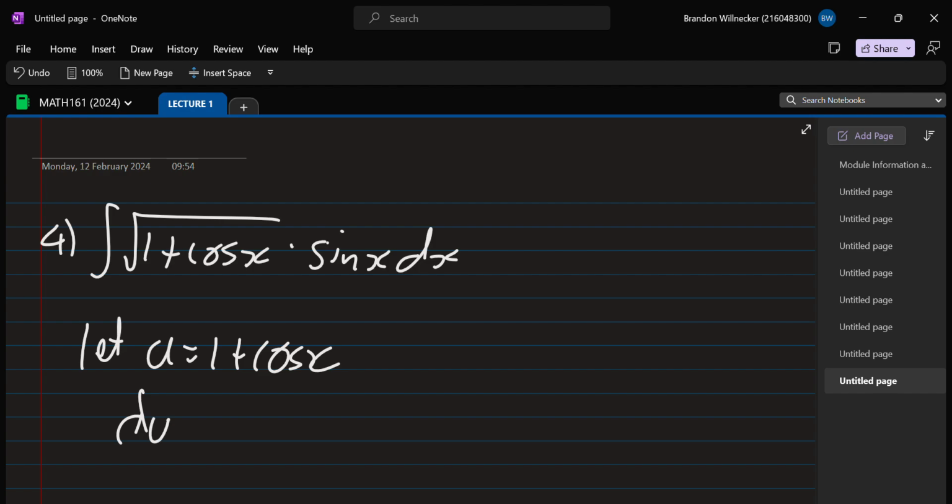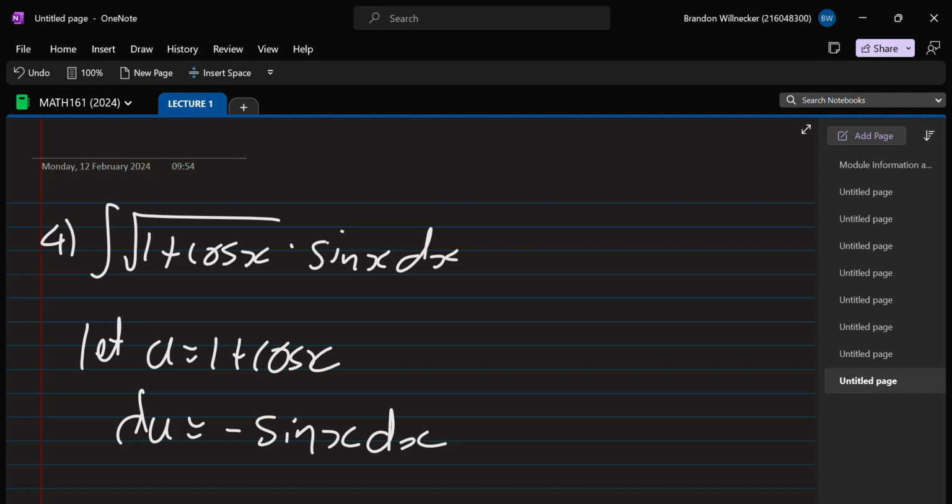Okay, du. Now here again, please do not mix up derivatives and integrals, especially with this sign. The derivative of cosine will be negative sine, minus sine. Especially with this one here, because on the right there we've got sine.